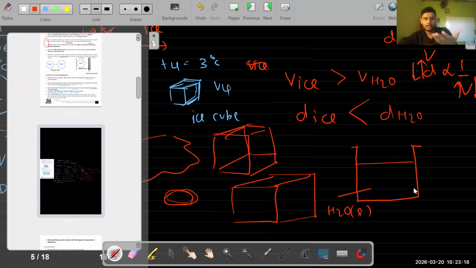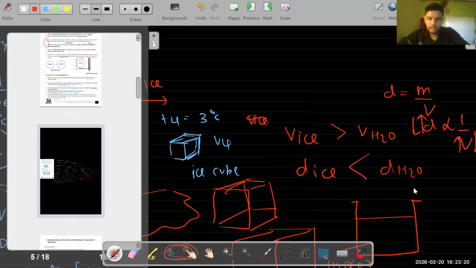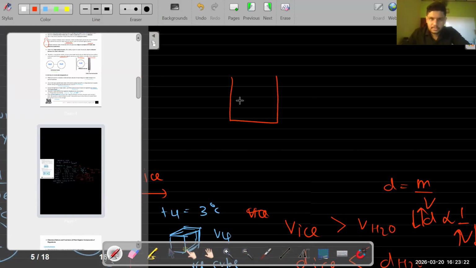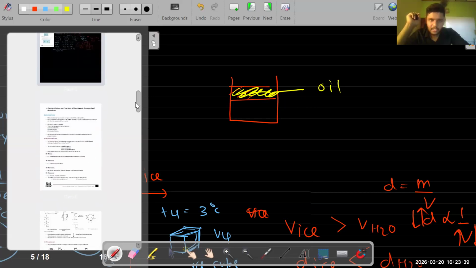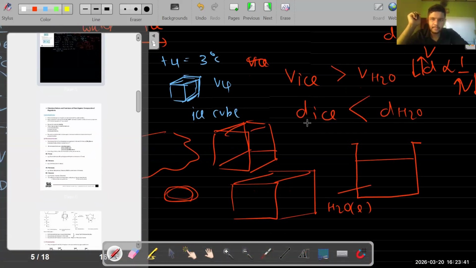Now oil, take oil's density. Have you poured oil into water? If this is the water, this is oil, right? Oil will float. Exactly, oil will float. Why oil floats? Oil has a less density. So similarly here, will ice float or sink?